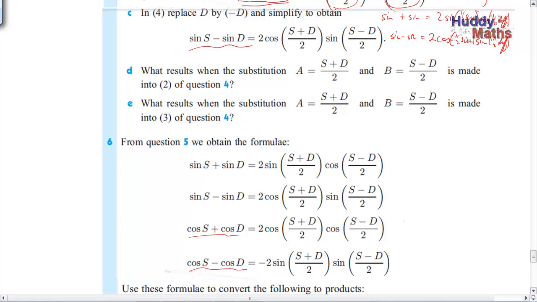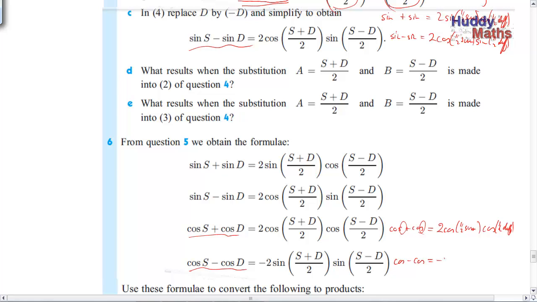So I want you to think of these, cos plus cos. You should have an angle in there. This is just the way you think about it. We shouldn't write this without an angle. It's 2 cos half sum, cos half difference. Okay, and cos minus cos.